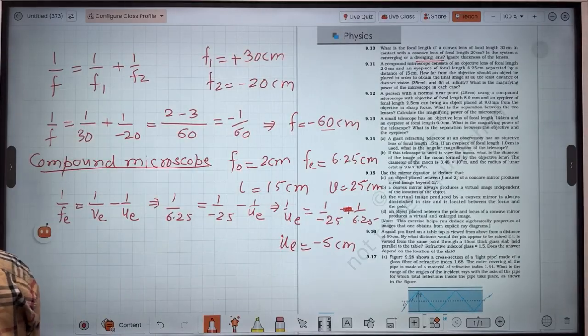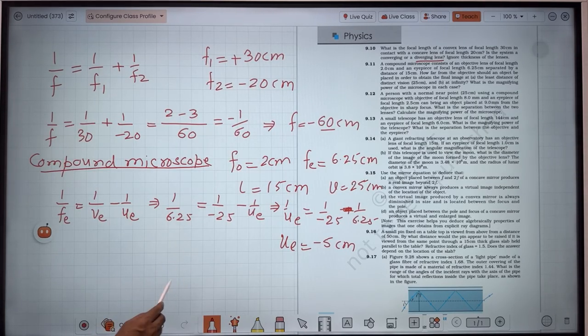This is the first case. Now, the distance of image from the objective we can find.